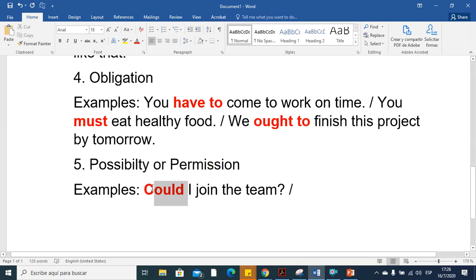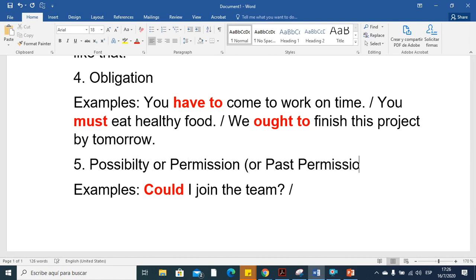This can be for present or past permission. It depends. We can say possibility or permission or past permission, meaning literally asking for permission in the past. But yeah, could I join the team?